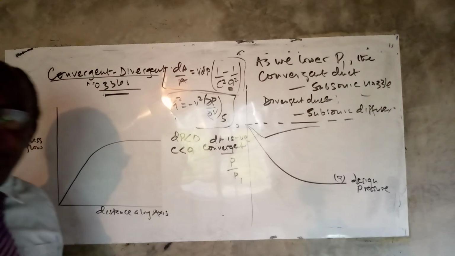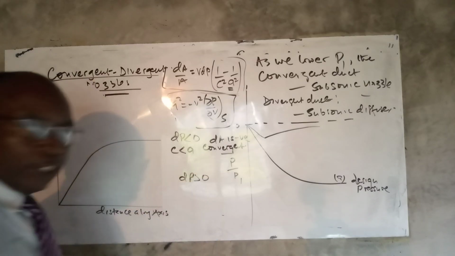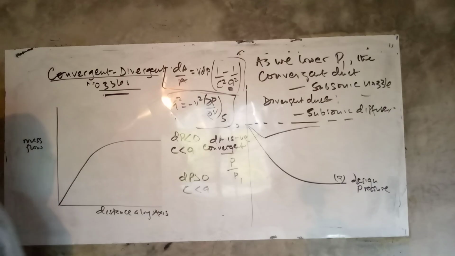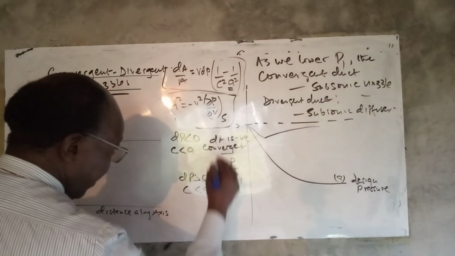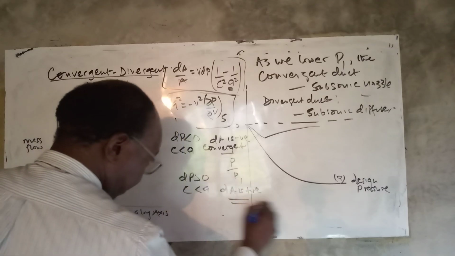And in the case of a diffuser, when dP is greater than 0, when C is less than A, so that you're in the subsonic mode, then what does it mean? dA here is positive.